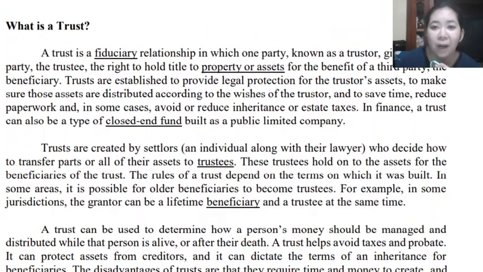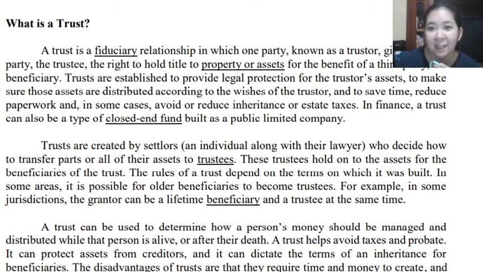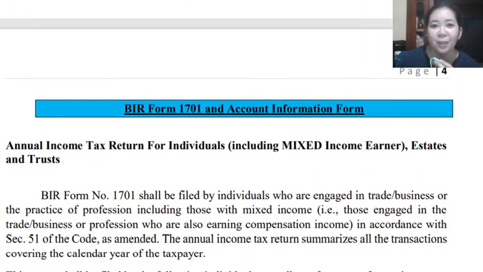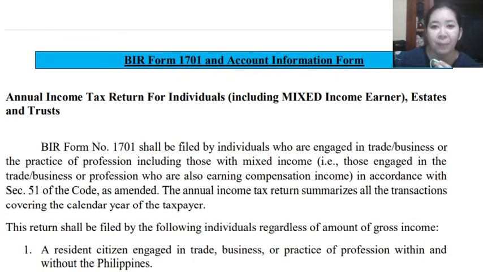Along with the individual, in this type of income tax filing, as we go along with our discussion, the estate and trust will also use these forms that we will discuss in the next pages. Basically, BIR Form 1701 and the Account Information Form.